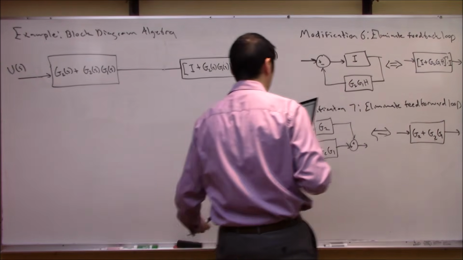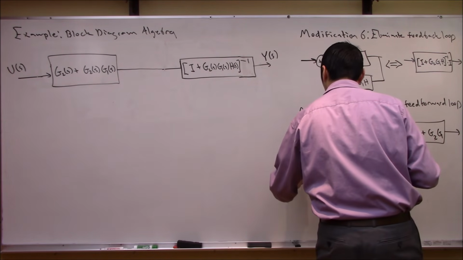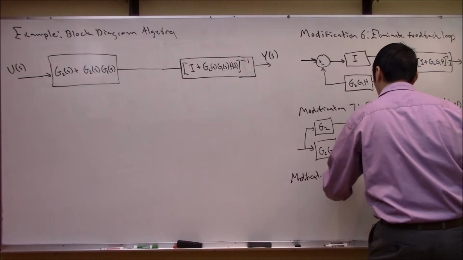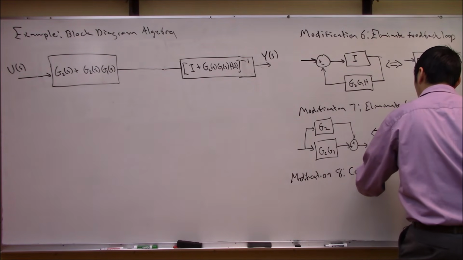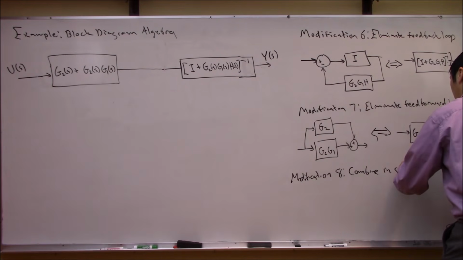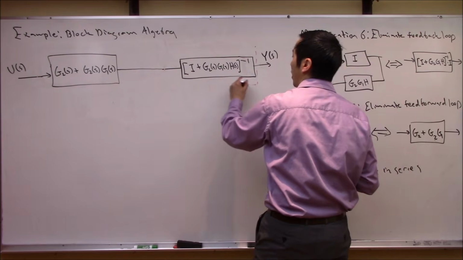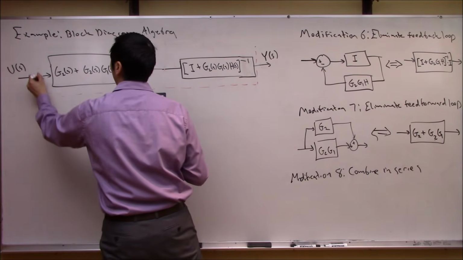Okay? Because the last modification, modification number 8 here, is just, again, one of our good old friends: blocks combined in series. Right? So here's two blocks that are just in series with one another.